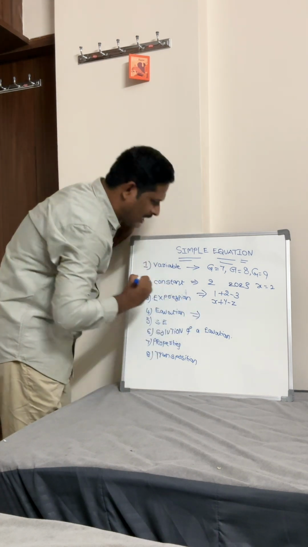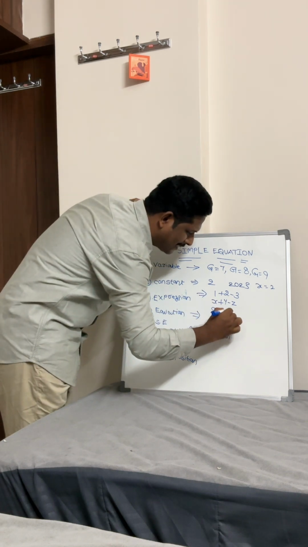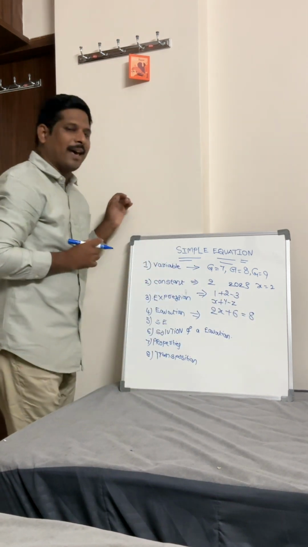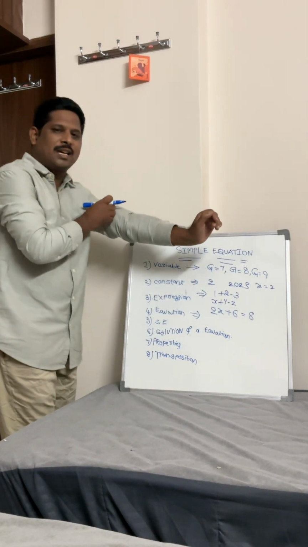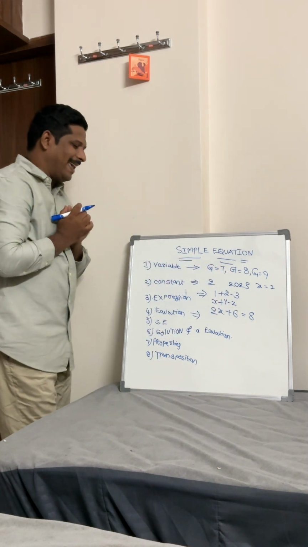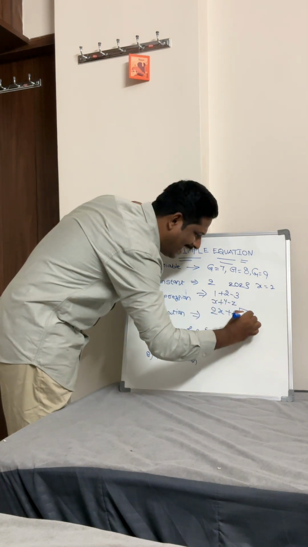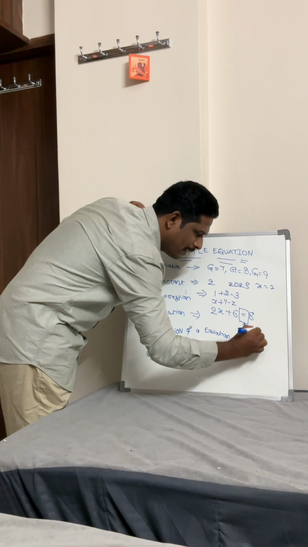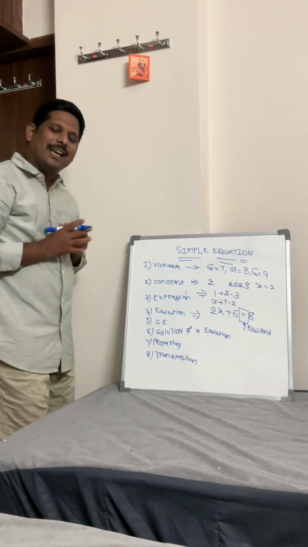For example, 2x plus 6 is equivalent to 8. Here 2x plus 6, with a variable and some constant, we are equating to something else. That is called an equation. In an equation, we definitely use the equivalent symbol. That's why it is called an equation.